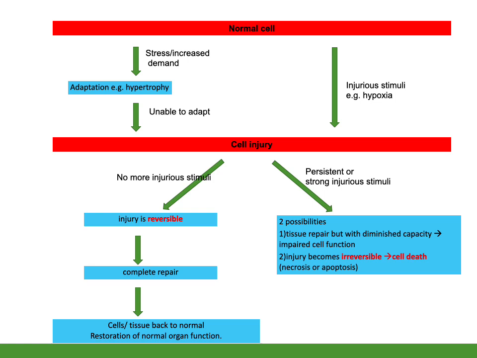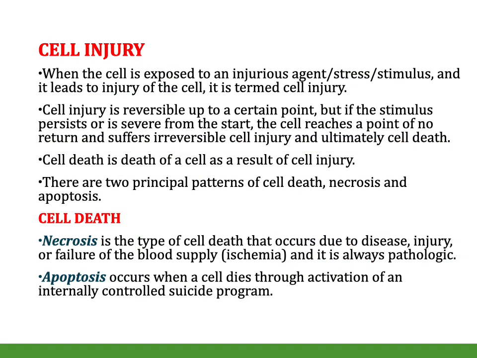The end result is that you will have a cell that can no longer function to its fullest capacities, or the injury becomes irreversible, ultimately leading to cell death, whether it is through necrosis or apoptosis. The two major types of cell death, which we'll be talking about later.